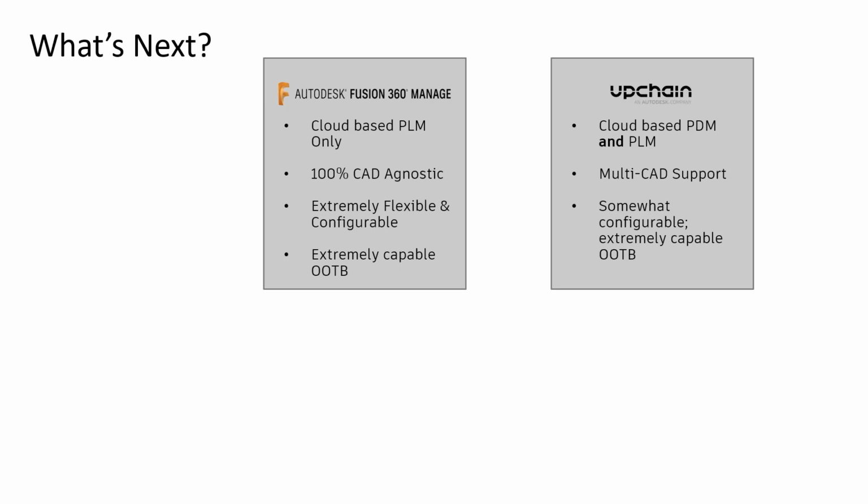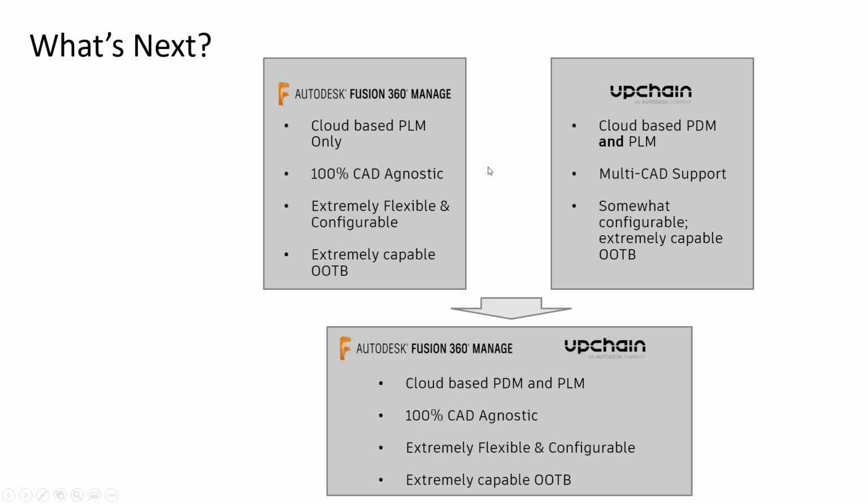There's a lot of overlap there. And so what we're hearing from Autodesk, and we have no definitive date or timeline, we have no idea how it's going to wash out. But ultimately, I think what you're going to see, and this is my opinion now, based on my almost 20 years of experience with all of this, my opinion is at some point, you're going to see these two essentially merge into a single product. I don't know how it's going to look.